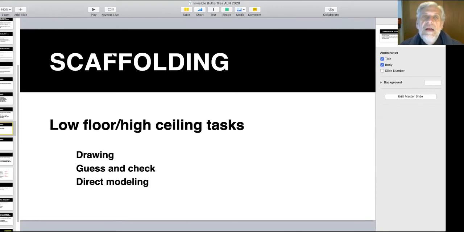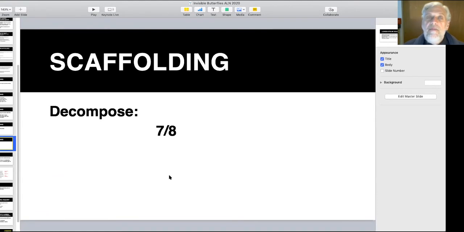Okay, so if you can find a way to make a problem be able to be solved through drawing, guess and check, or modeling with materials, we can consider it a low floor, high ceiling task and create equity. This is one of the best examples of making a task accessible.